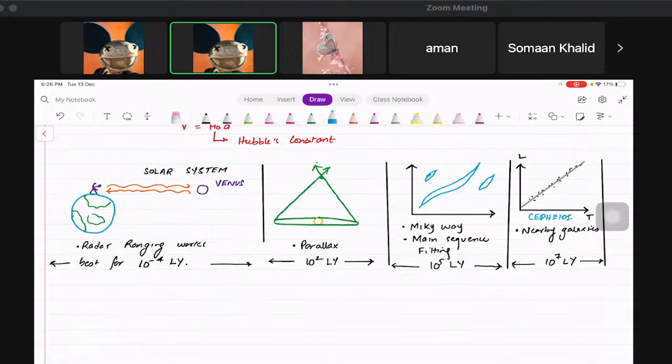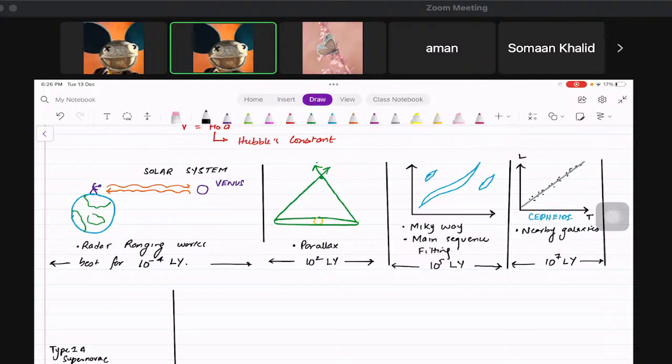From Earth to a distance of say 10 raised to power 10 light years, we basically depend on type 1A supernovae, because there could be many.